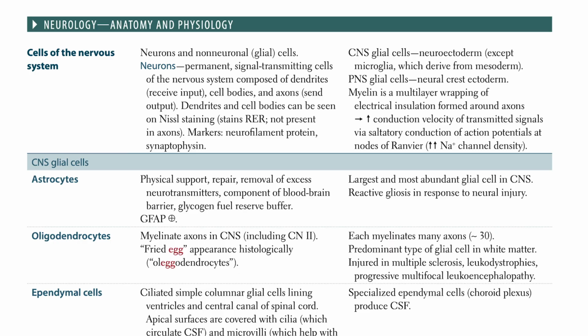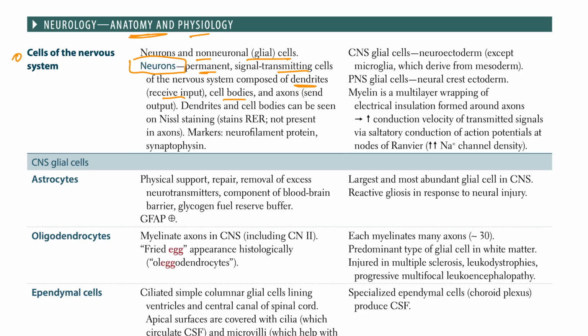Alright, now let's talk about anatomy and physiology. So here we have the cells of the nervous system, neurons and non-neuronal glial cells. What are the neurons? Well, neurons are permanent signal transmitting cells of the nervous system composed of dendrites, which receive the input.